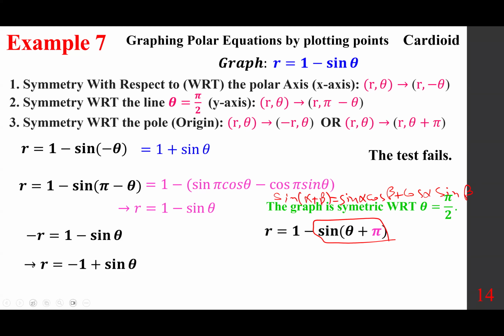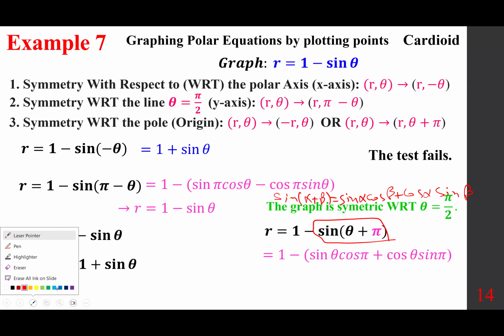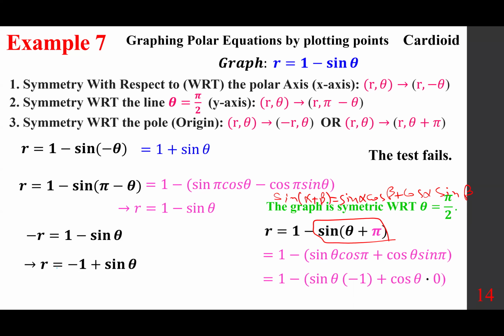Therefore, 1 minus sine theta cosine pi plus cosine theta sine pi. Cosine pi is -1 and sine pi is 0.